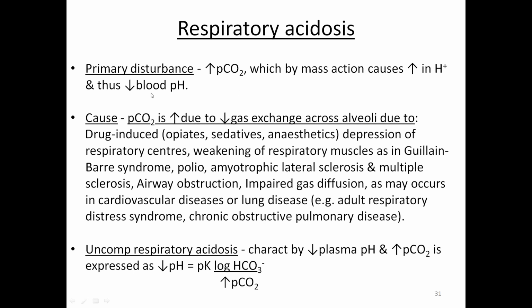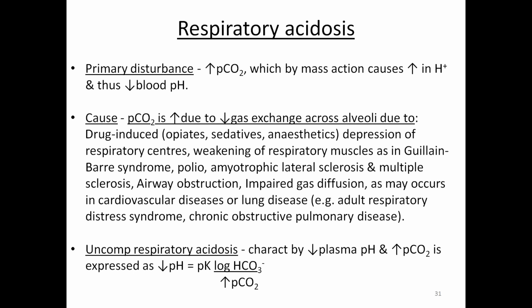In what conditions can this happen? If there is a drug-induced depression of the respiratory centers by opiates or sedatives or anesthetics, if there is weakening of respiratory muscles as happens in Guillain-Barré syndrome, polio, amyotrophic lateral sclerosis and multiple sclerosis, airway obstruction, or impaired gas diffusion, which can happen in cardiovascular or lung diseases.